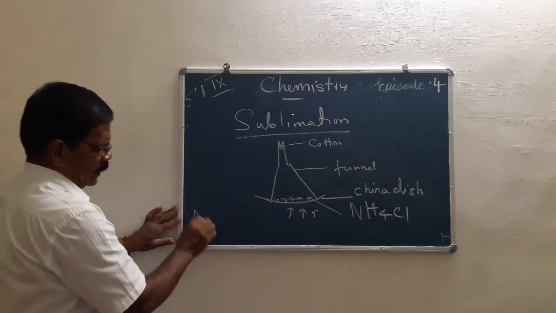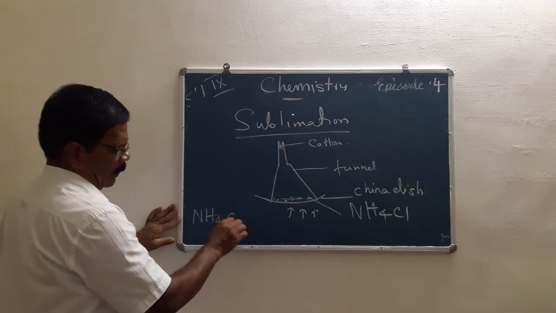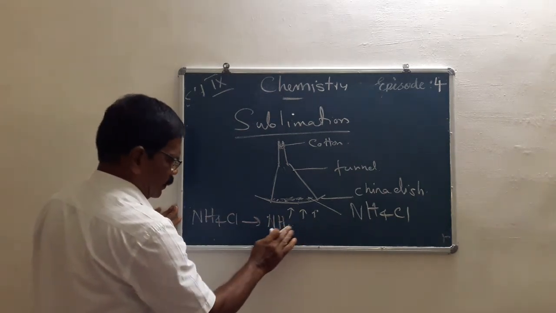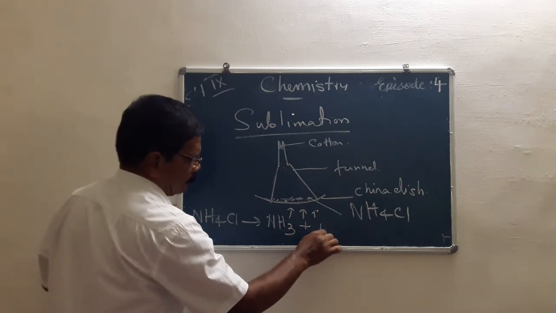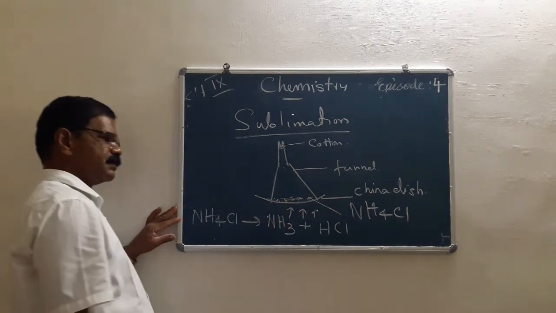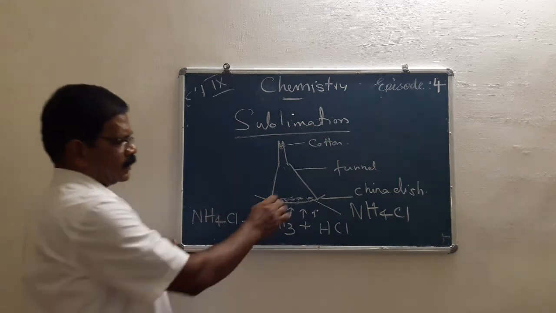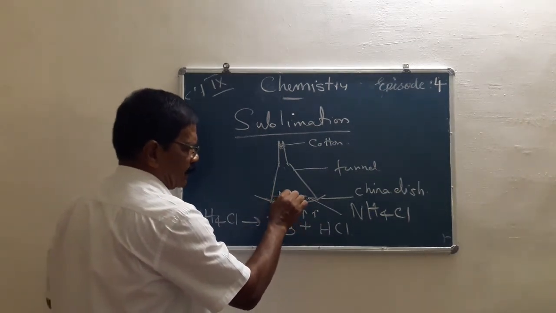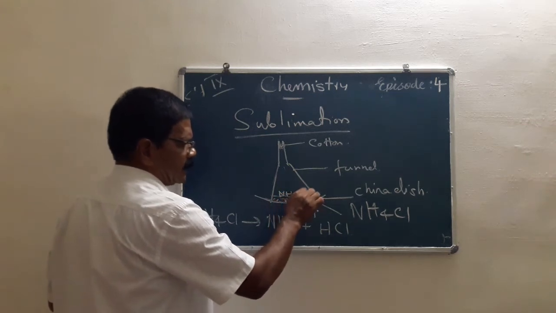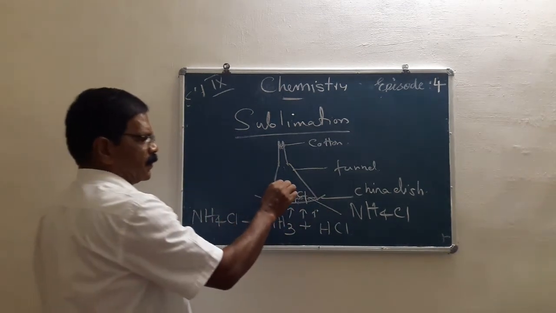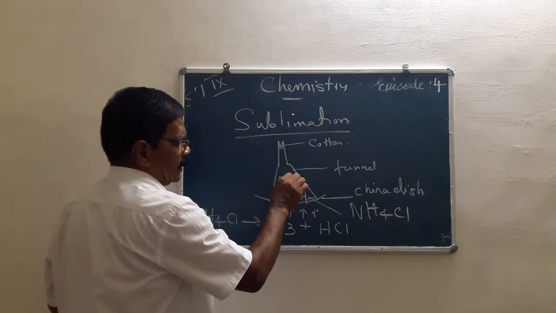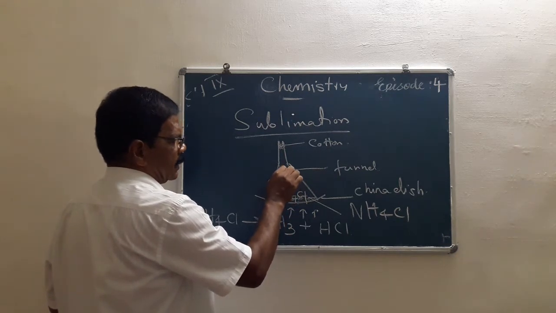Ammonium chloride, NH4Cl, in the solid state, on heating decomposes to give NH3 plus HCl.